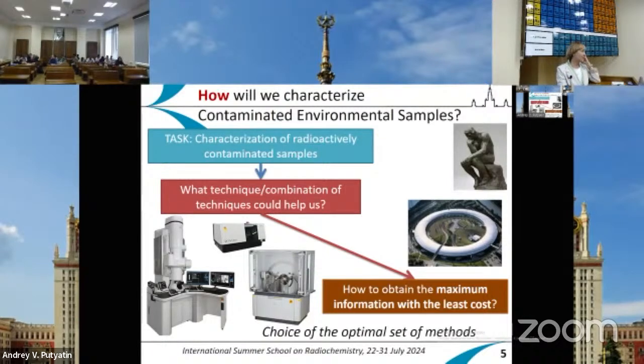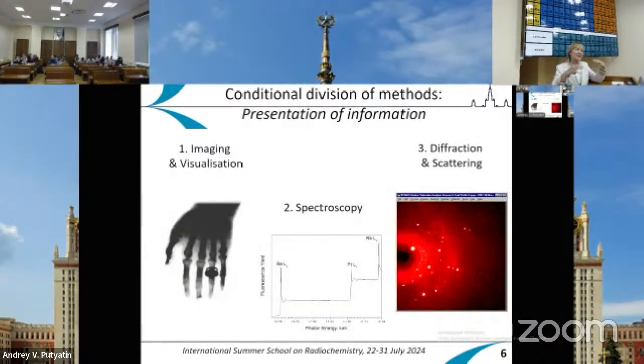So we need to choose the optimal set of methods. No single method can answer our questions. We need to use a set of methods of different physical principles and different advantages, and we will try to classify these methods. The very simple classification of methods is according to the presentation of information. There are three big classes.